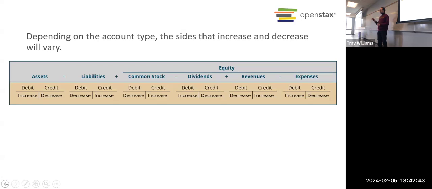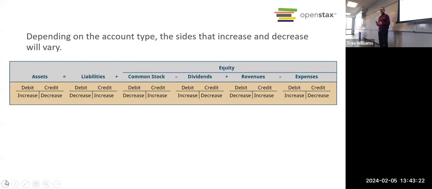Now, one thing that does get a little confusing, but I want to go ahead and just call it out right now. Notice over here it says equity. It says minus dividends and minus expenses. Dividends and expenses both decrease equity. Right? Because a dividend is taking money out of the company, taking the profits and giving it to investors. So it reduces the value of the company, it reduces how much is owed to the investors because they already got it.